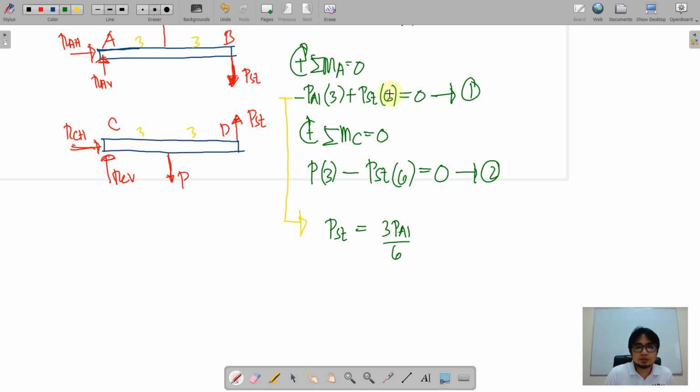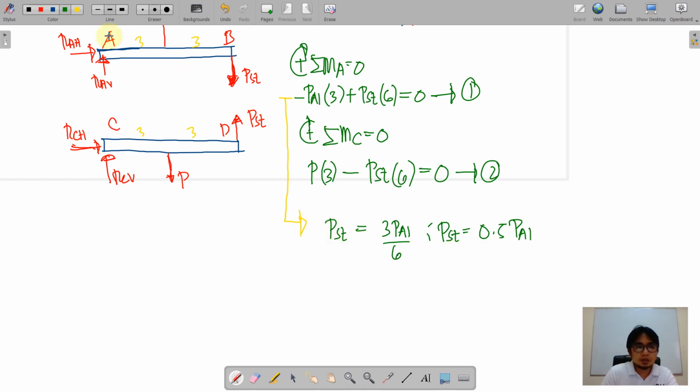The 6 came from the variable adjacent to PST, so we just cross multiply that one. Therefore, P of steel is equal to 0.5 of P of aluminum.